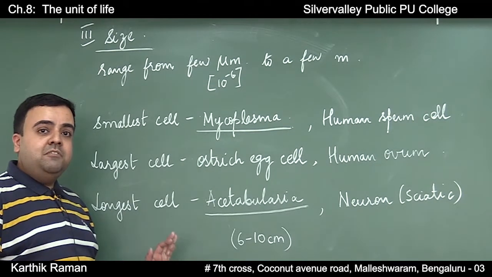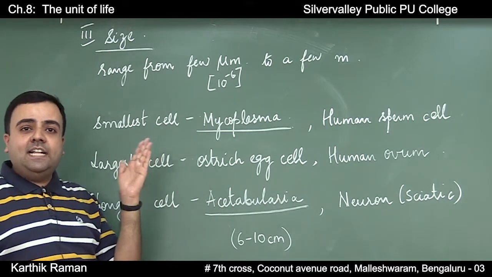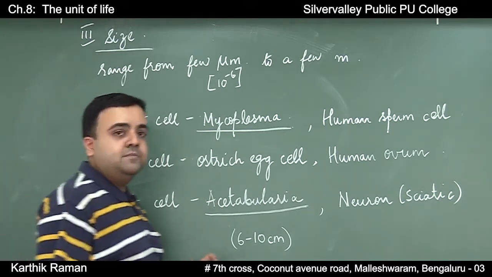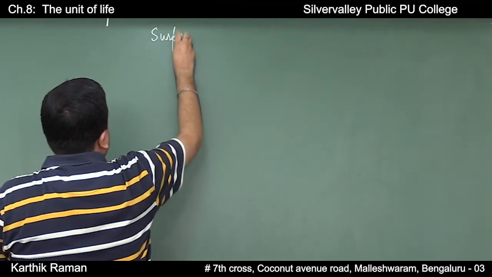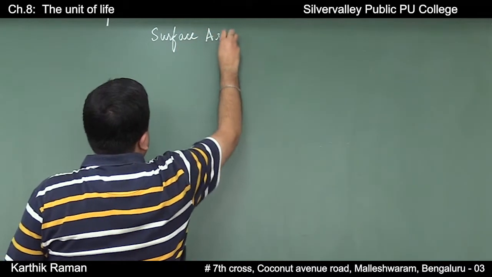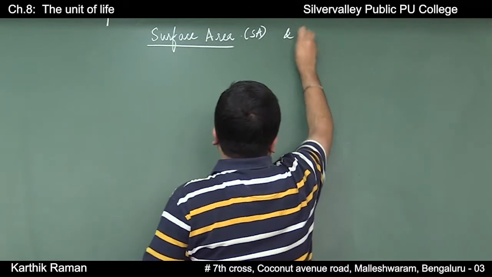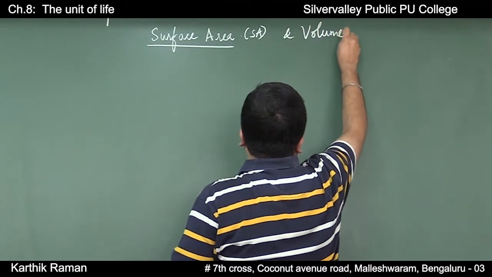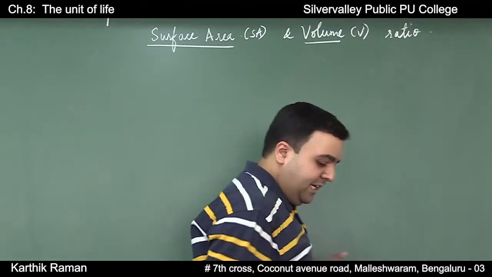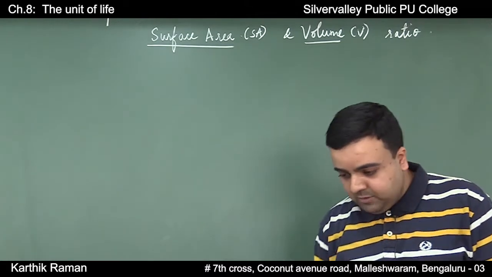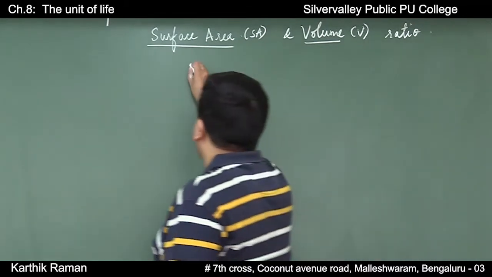Now as I have explained, we have to look at another concept in this size, which is called the surface area and volume ratio. So now what I would do is, we can assume a cell to be cubical in shape.